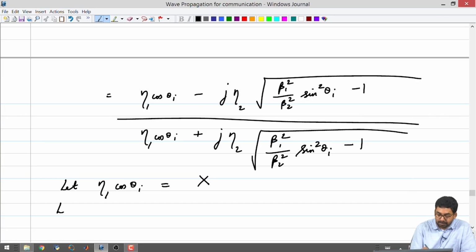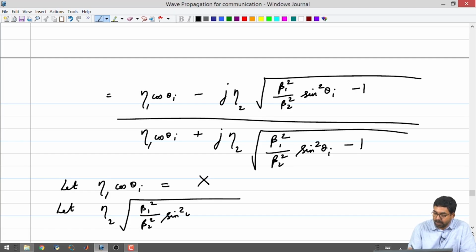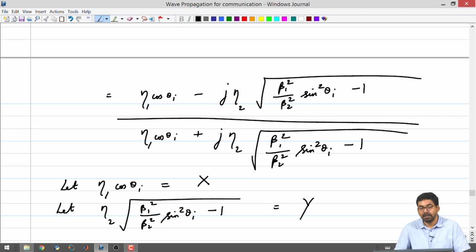Let eta 2 times square root of beta 1 square by beta 2 square sin square theta I minus 1, right, be given the variable name y. Then I can write this formula in a much simpler way, okay.